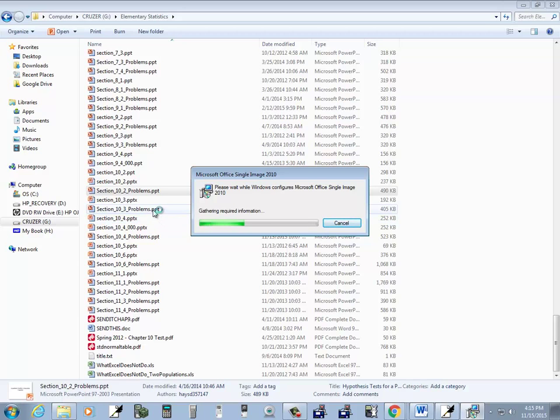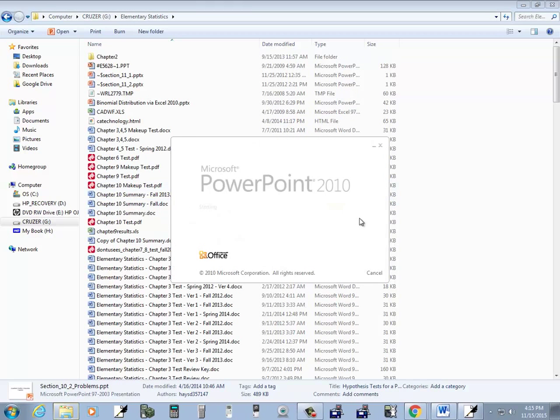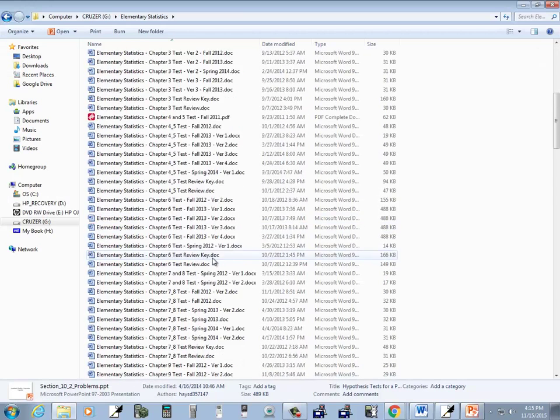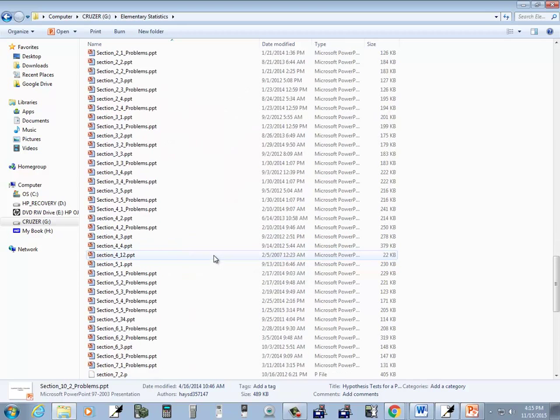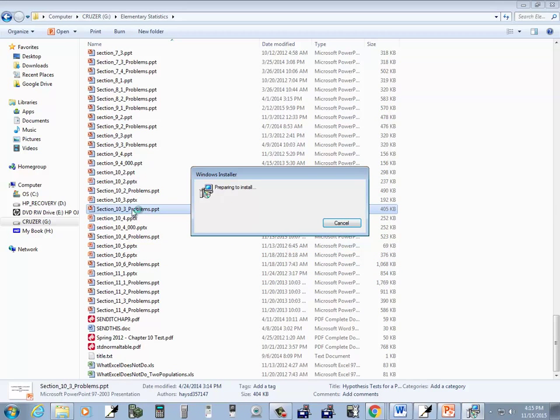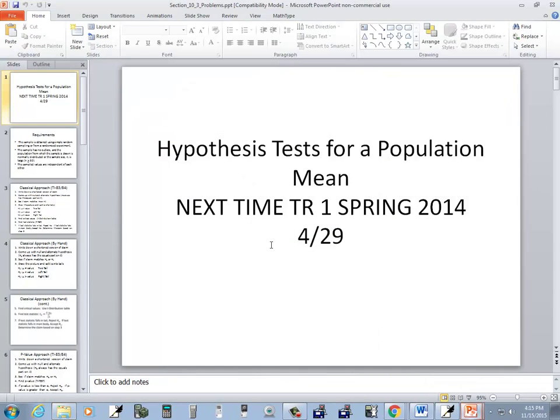And line D, I think it's 10.3. Cancel that. Yeah, that's what I thought. So not 10.2. Numbering is different here on these PowerPoints, but same idea.